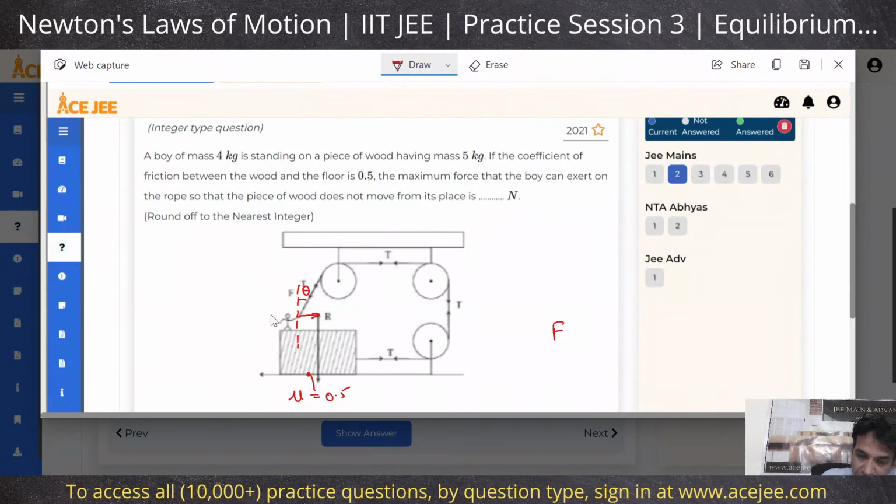So the boy will experience a reaction force of F sine theta in the forward direction. That means the friction between the boy and the block has to prevent the boy from moving in that direction. The frictional force between the boy and the block must be F sine theta. In other words, the boy is actually exerting a force of F sine theta in this direction. Correct, Nabita? Yes, sir. Okay.